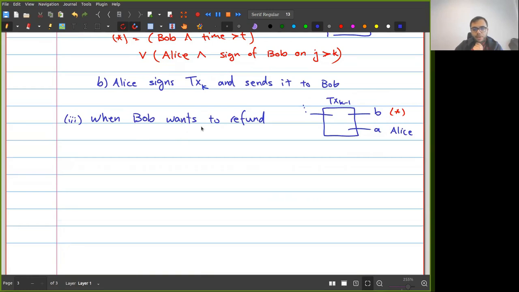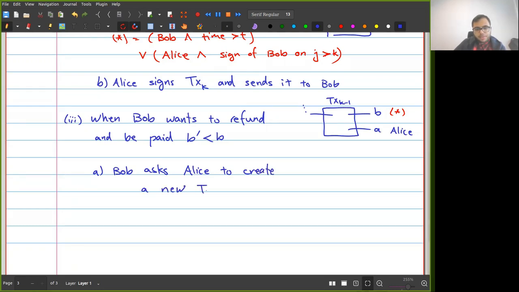Okay, so let's say Bob wants to refund. So the idea is that he was being paid B. Now he wants to be paid some new amount B prime, which is less than B. Bob wants to refund and be paid only B prime that is less than B. So here the first step is that Bob asks Alice to create a new transaction.